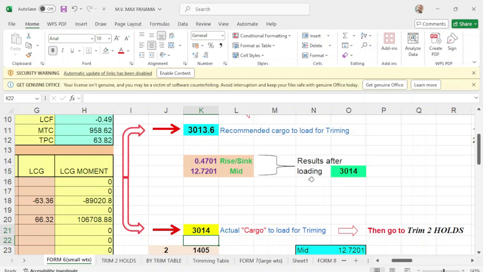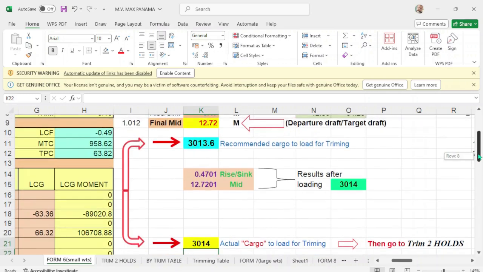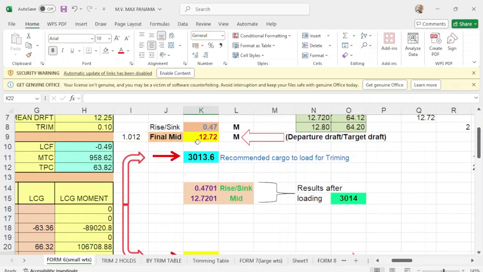What will be the results after loading 3,014? This will be your mid drop. So your mid drop would be 12.72, which is almost the same here, and your sinkage is 47, which is almost the same here.